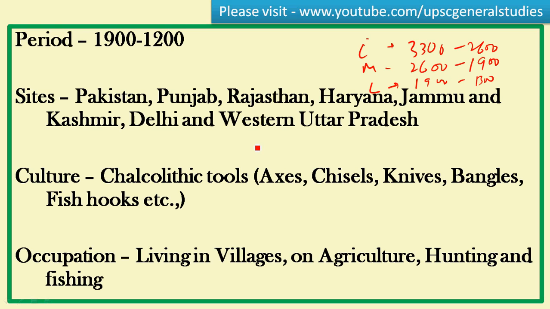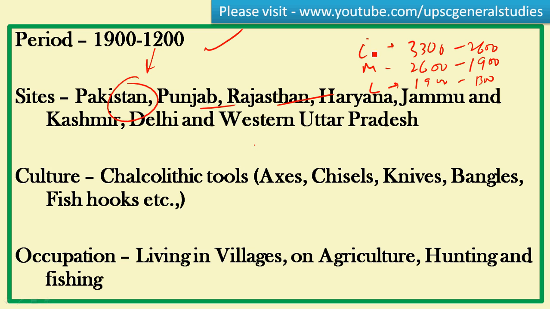So the period here is 1900 to 1200 BC. The sites include some parts of Pakistan, Punjab, Rajasthan, Haryana, Jammu and Kashmir, Delhi, and Western Uttar Pradesh. The culture of the late Harappan or post-urban Harappan civilization has chalcolithic tools, that is copper and stone tools.